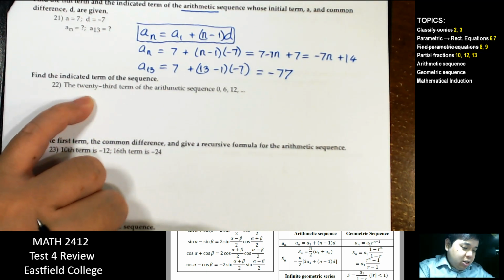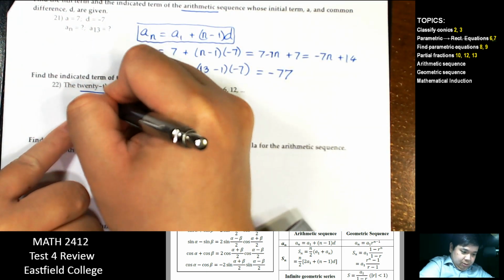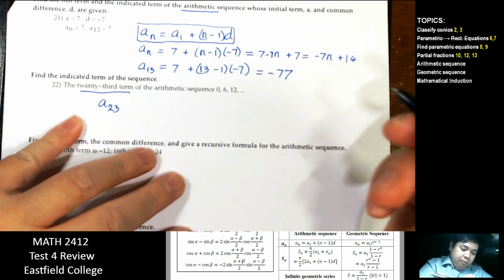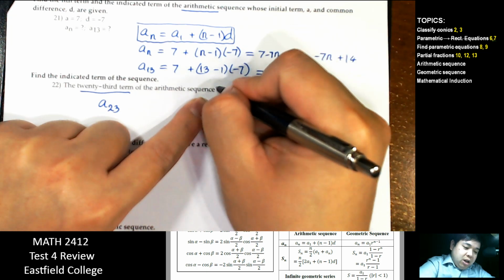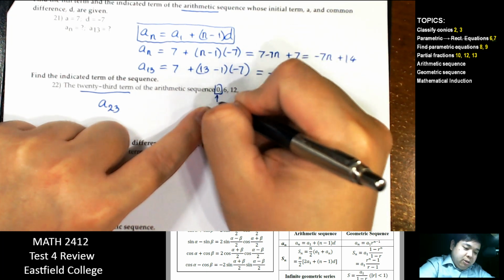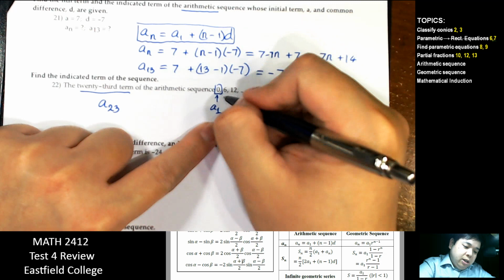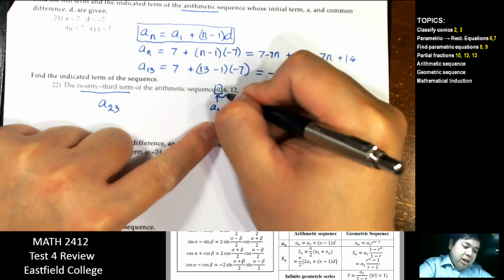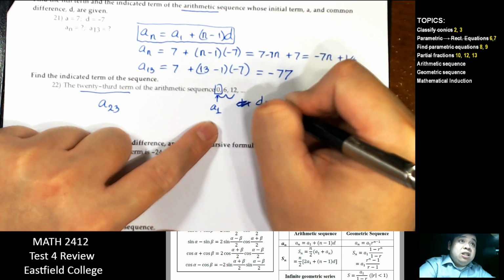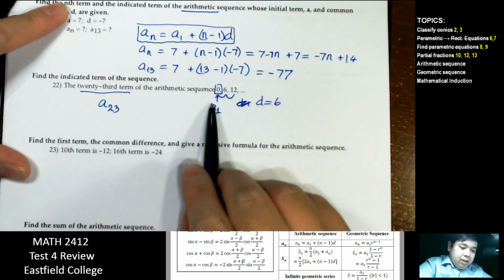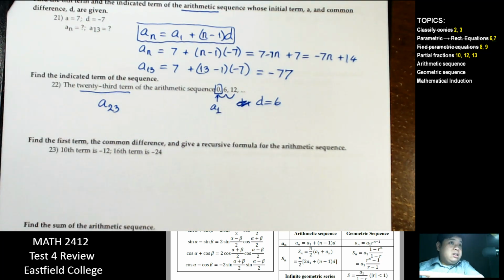This 23rd term, arithmetic sequence, we start with this as the first term. To get from the first to the second and from the second to the third, we need to add 6 to get from this to the next and this to the next.